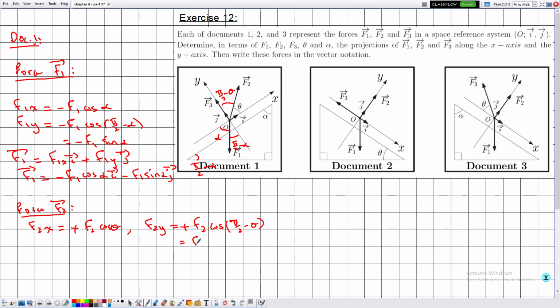So this is equal to F2 sine theta. And because the force F2 can be written as F2x i plus F2y j, this is equal to F2 cosine theta multiplied by the unit vector i plus F2 sine theta multiplied by the unit vector j.